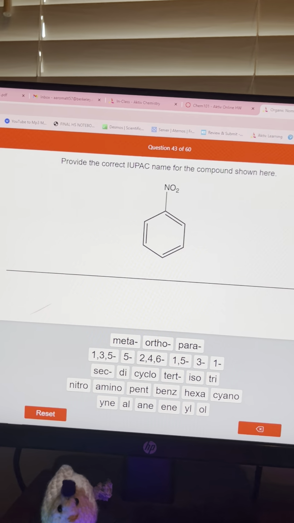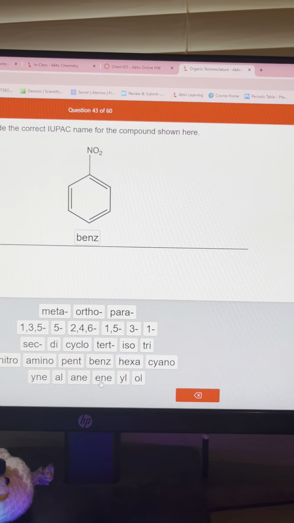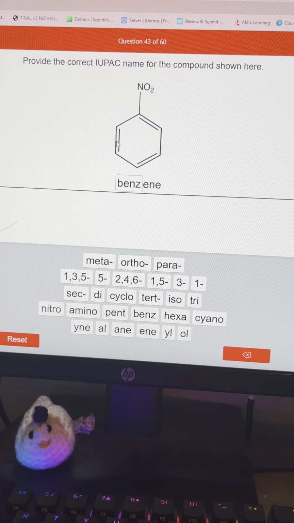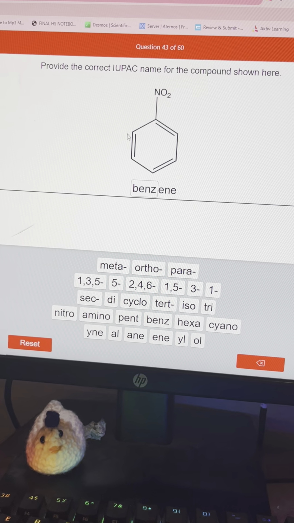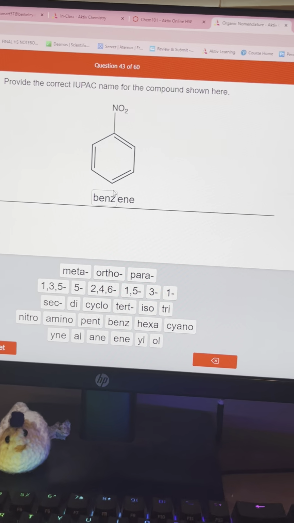Okay, next we have this. So these are the benzenes. Right, that's what they're called. I forgot what's going on. So this is the benzene. Remember, if it's a hexagon and it has these 3 lines, this tells us that's a benzene.